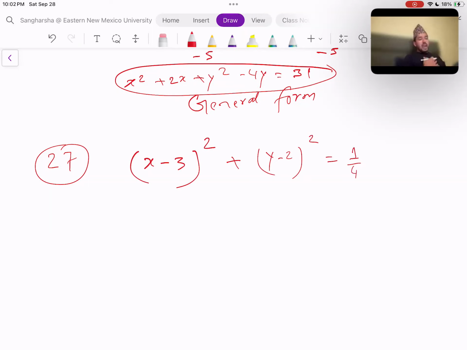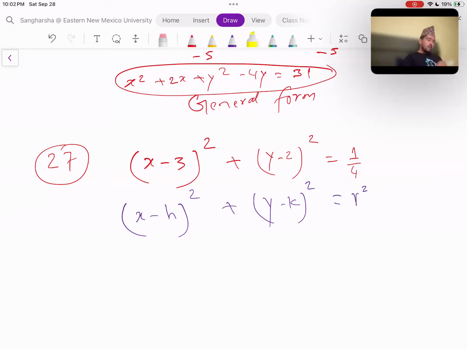By looking at this equation, is it in the standard form or the general form? Standard, that's right. Since it's in standard form, we compare this equation with the standard form, (x minus h) squared plus (y minus k) squared equals r squared.